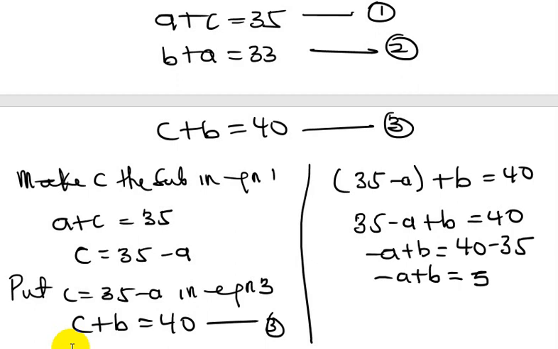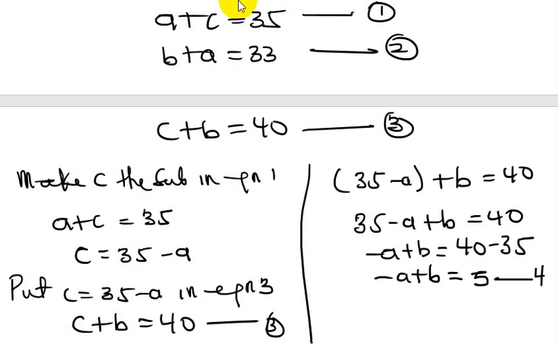Now, we have simplified the equation 3 to get another equation, that is equation 4. Now we can see that we made C the subject in equation 1 and we put it in equation 3.